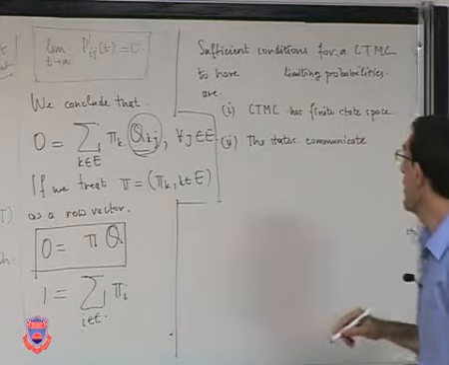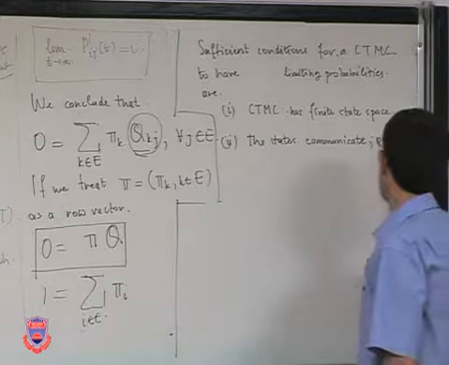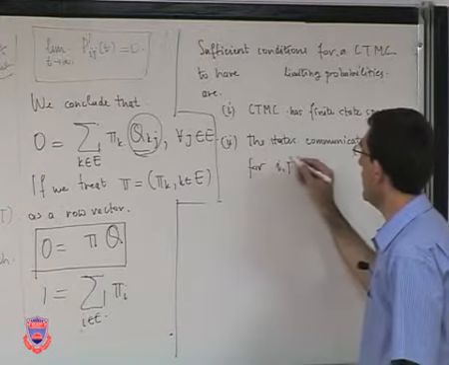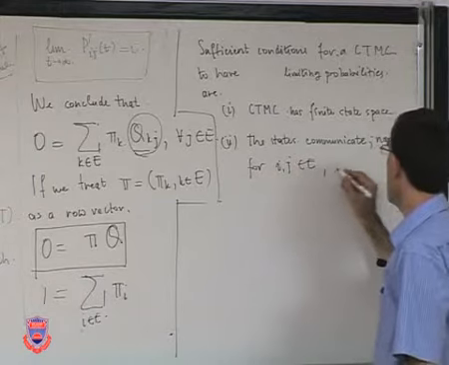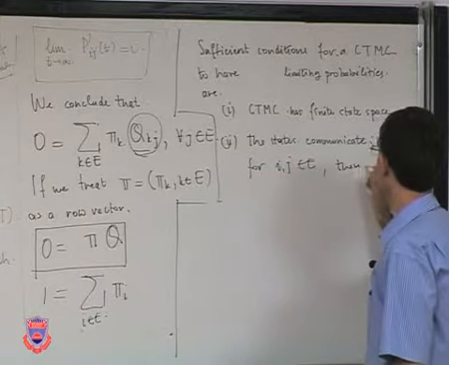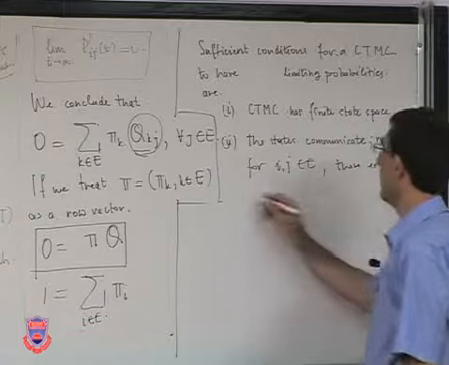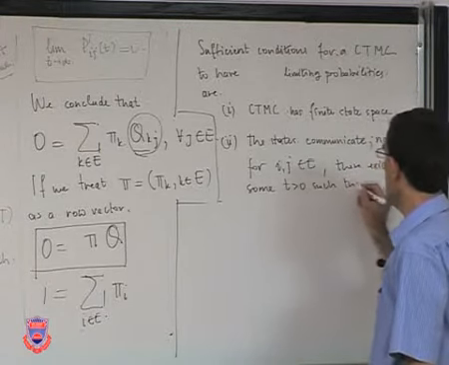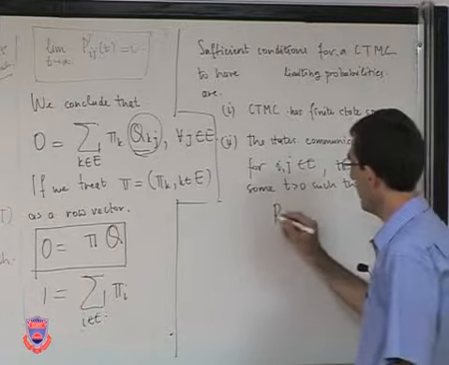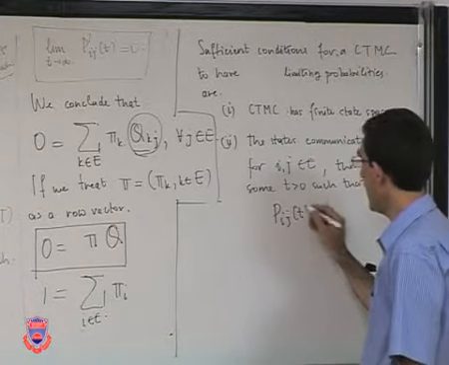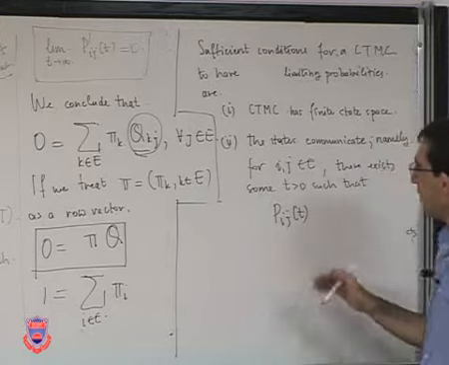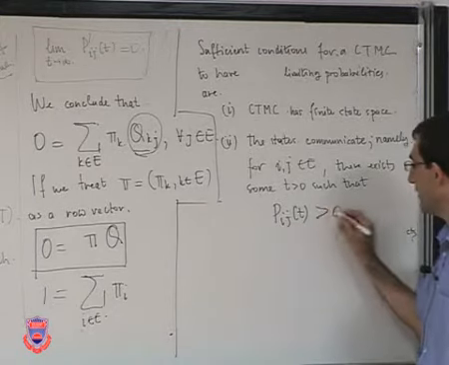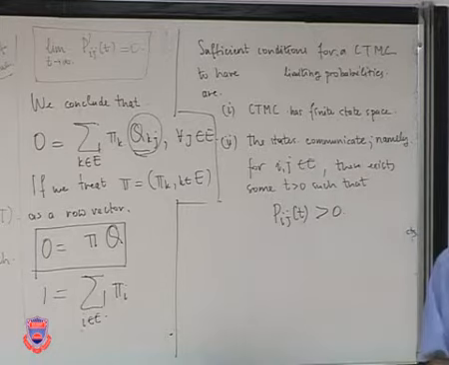Namely, for any two states i and j, there exists some t such that after t units of time, the probability that I will find the chain in state j starting in state i is going to be positive.